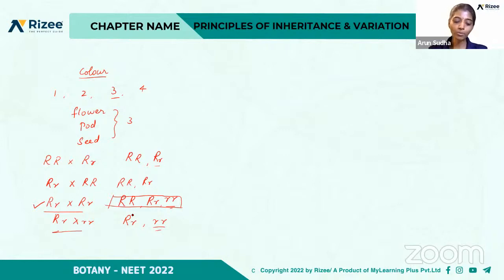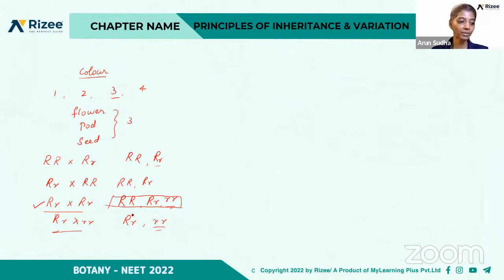Option D is the right answer: alleles, each of which produces an independent effect in heterozygous condition. Both will have an independent effect. For example, blood group AB produces A antigen also and B antigen also. Both the effects will be there and both of them will be expressed. So option D is the right answer here.